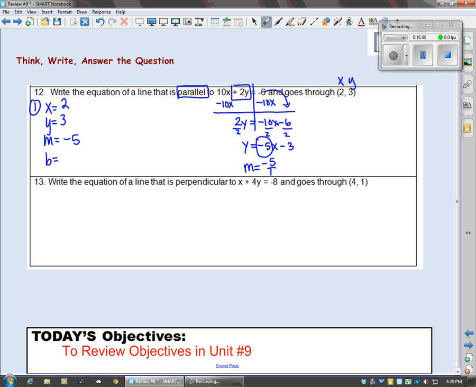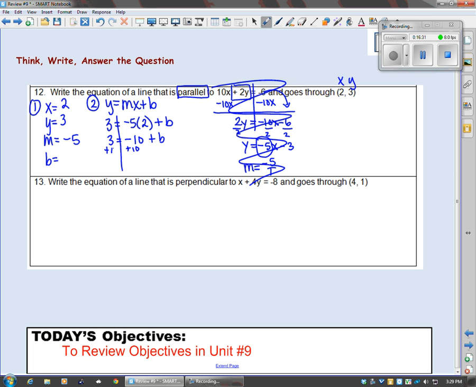Now that you have gotten your slope, you have everything you need out of this. You don't need it anymore. Move on to a problem that we've been doing all week. Plug into y equals mx plus b. Y is 3. M is negative 5. X is 2. You're plugging in. Negative 5 times 2 is negative 10.